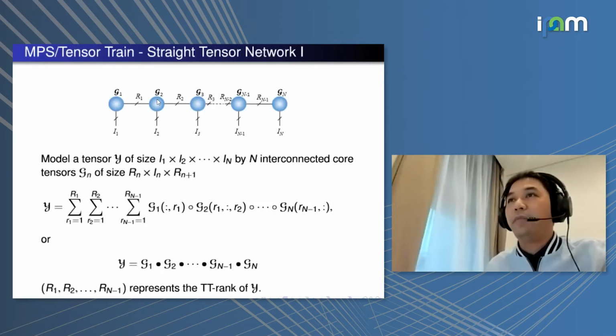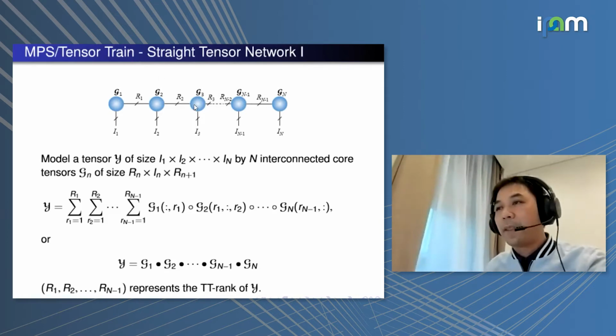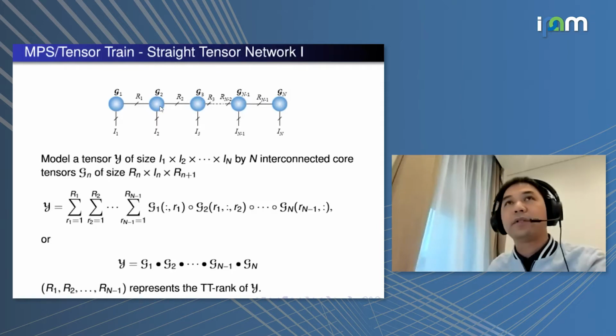We call it the MPS, the matrix product state, or some people also call it tensor train. This was introduced by Ivan Oseledets around 2009. The idea of tensor train is that it models an order N, high order tensor, by N core tensors. They can be matrices or order three tensors.